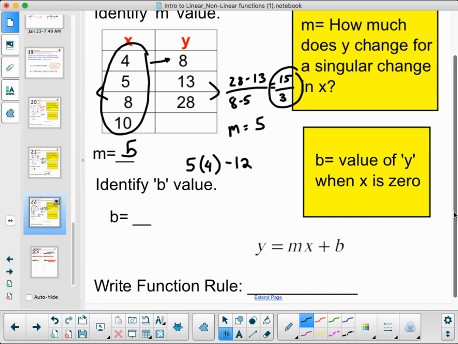Let's see if that works for the others. 5 times this value of 5, 5 times 5 is 25. If I then subtract 12, that gets me to 13. 5 times 8 is 40. 40 subtracted by 12 gets me 28. So my b value in this situation is -12. All right. y equals 5x minus 12. So a function rule really just relates the x to the y in a really direct way.